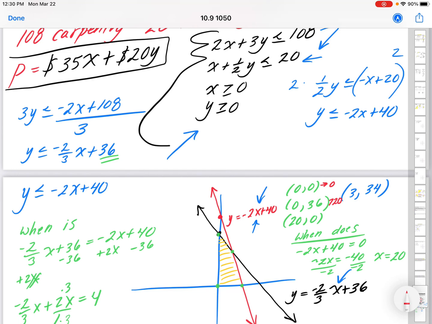And then if we did 20, 0, that would be 35 times 20. So that's $700 worth of profit. And then if we did 35 times 3 plus 20 times 34, that's 785. So this is the maximum profit, and the maximum profit is that amount of money. So hopefully that helps.